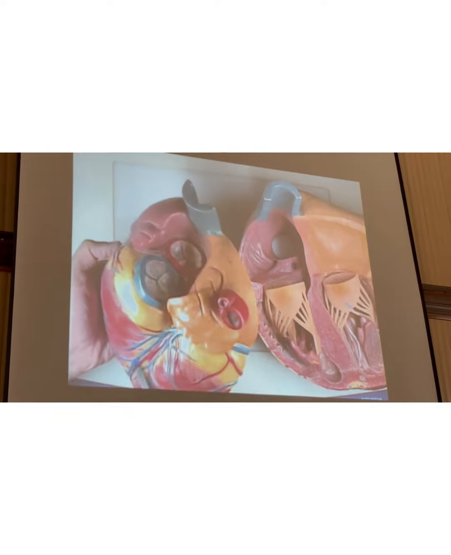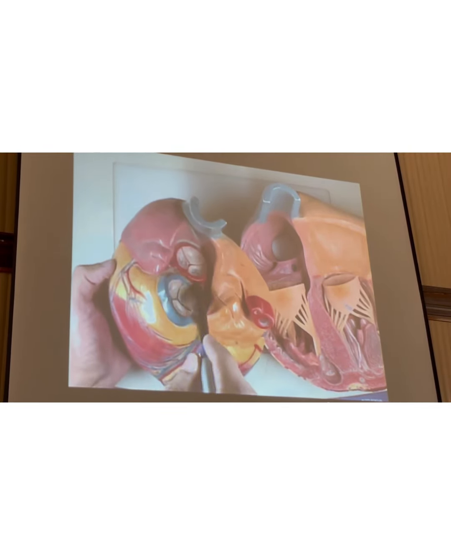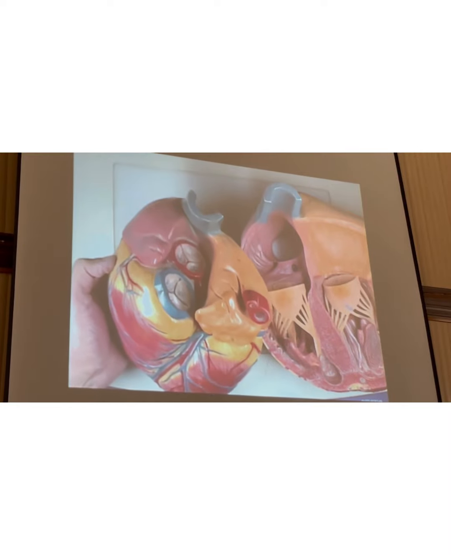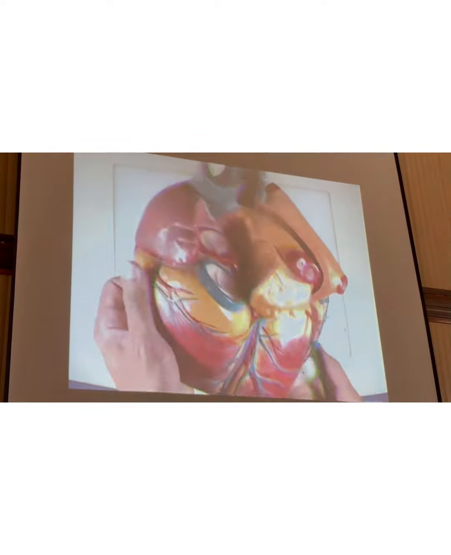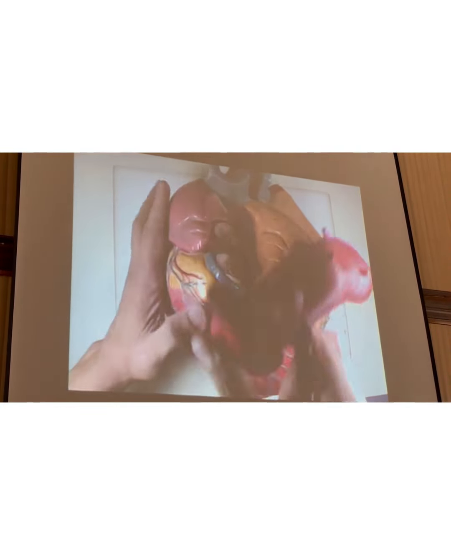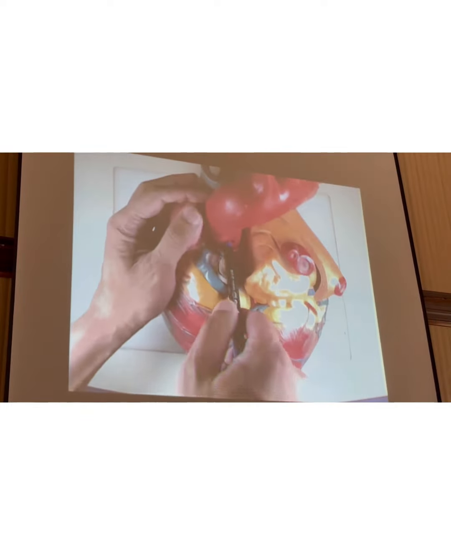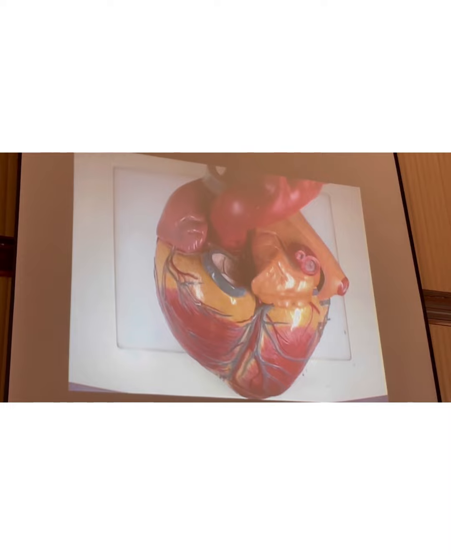Okay? So the right coronary artery and left coronary artery arise from the wall of the ascending thoracic aorta. So here we have the ascending thoracic aorta. The ascending thoracic aorta gives rise to the right and left coronary arteries only.